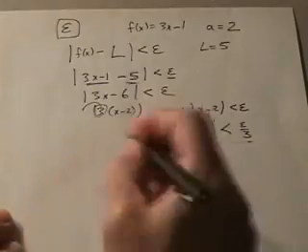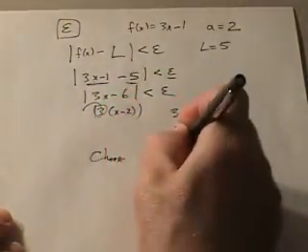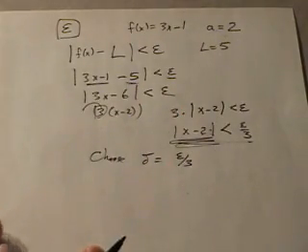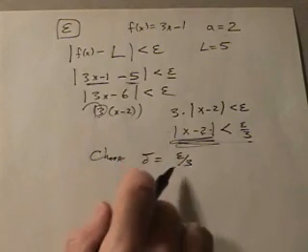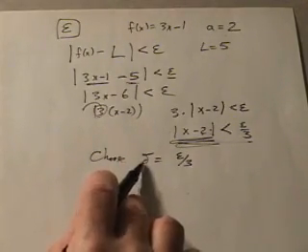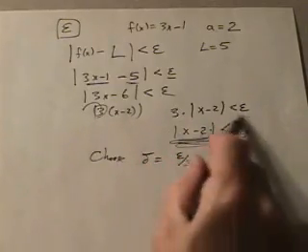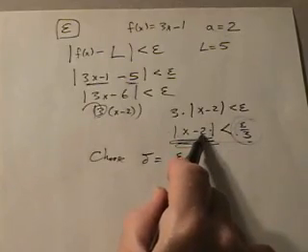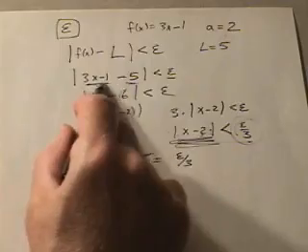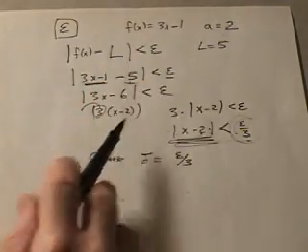So what if I choose delta to be a third of whatever he chose for epsilon? So if he picks epsilon to be 0.01, I divide it by 3 and I say that's how close I need to be. If x is within that much of 2, then just work backwards, and lo and behold, the distance from your function to the limit is less than epsilon.